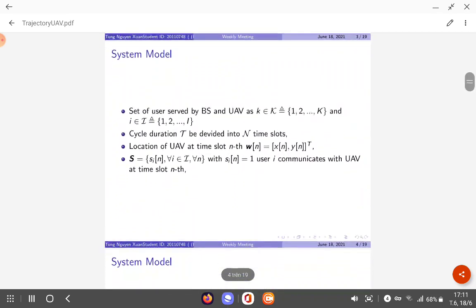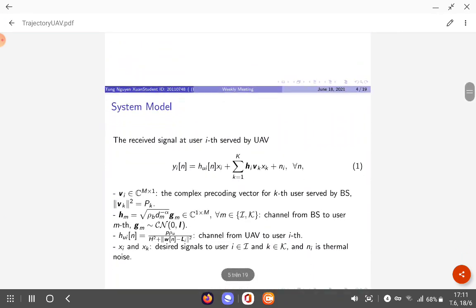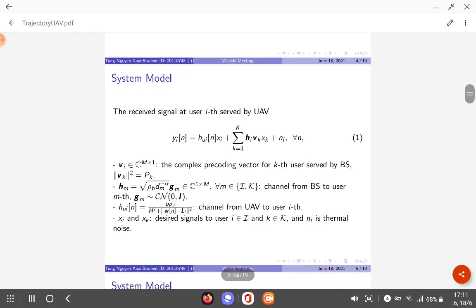The system model I will present is a signal model between the UAV and user. I presented it in the midterm, so I will also briefly talk about it to explain the problem formulation. The received signal from the UAV will have three parts.